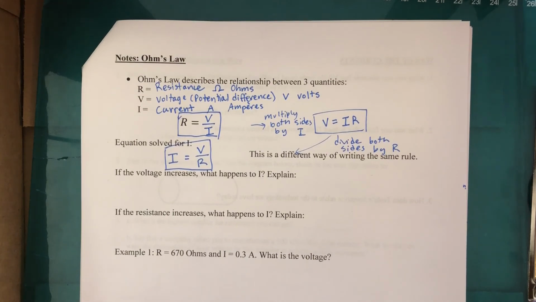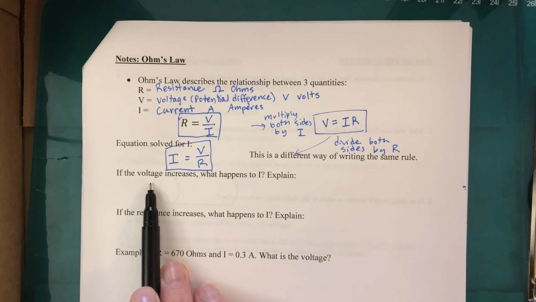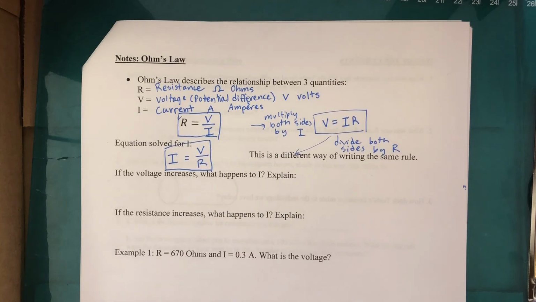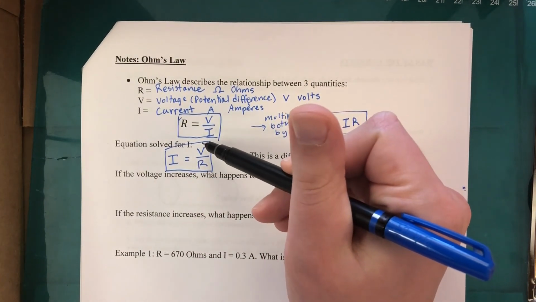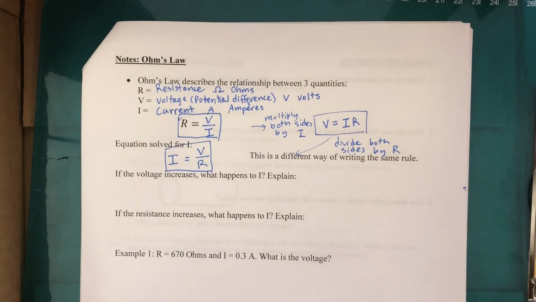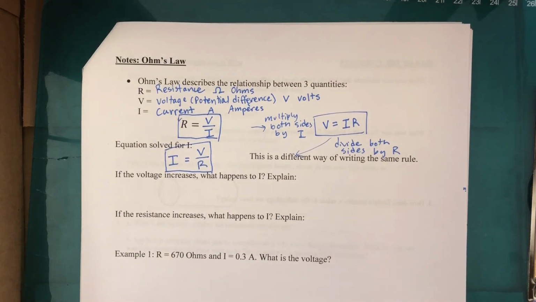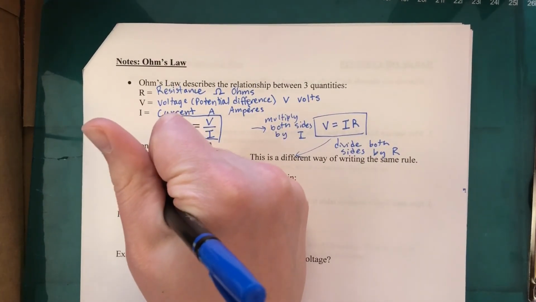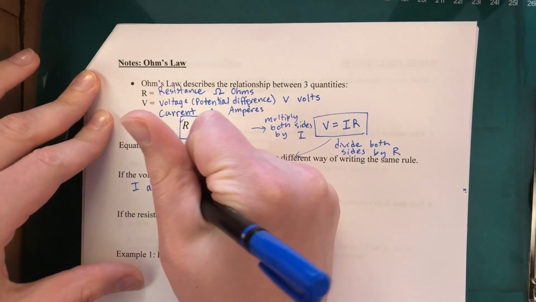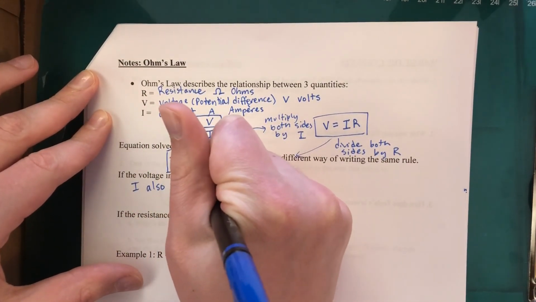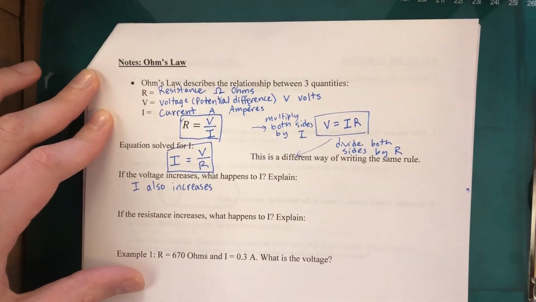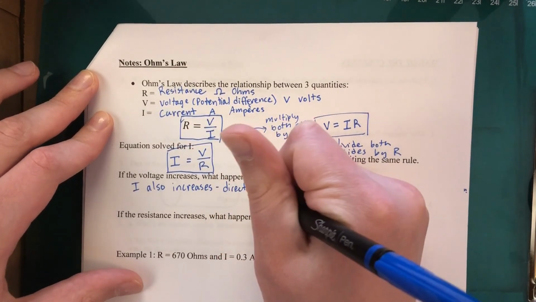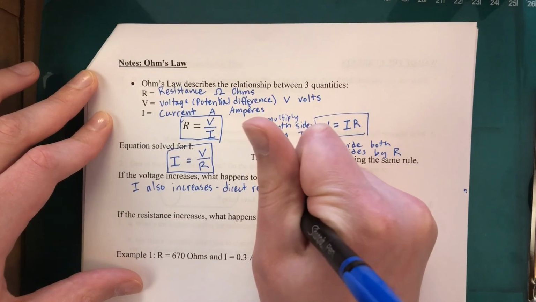So, if the voltage increases, what happens to I, the current? Let's think about this. If we made this V into a bigger number, we would also get a bigger number for I. And we call this a direct relationship.